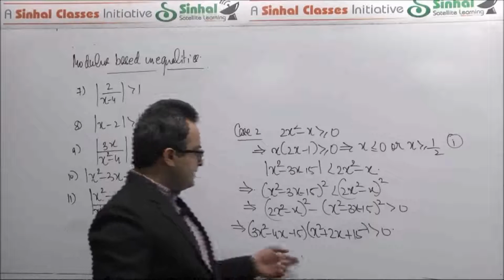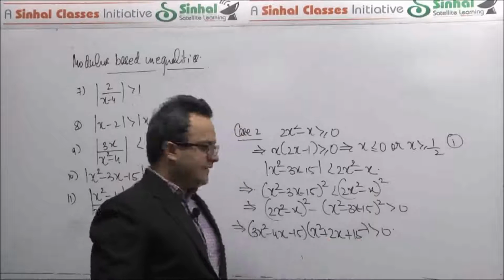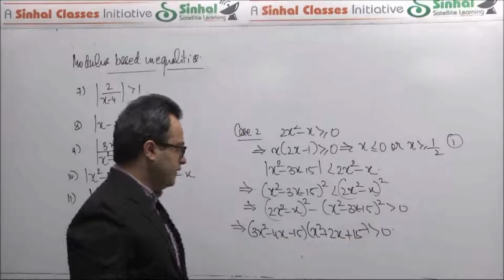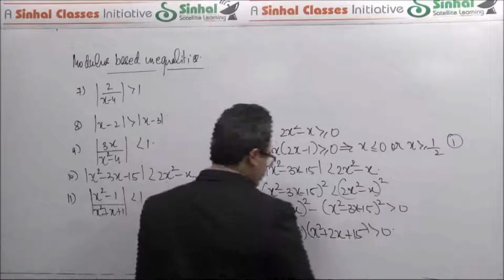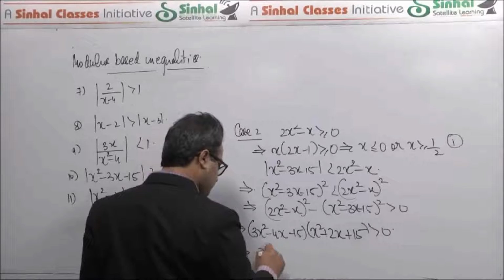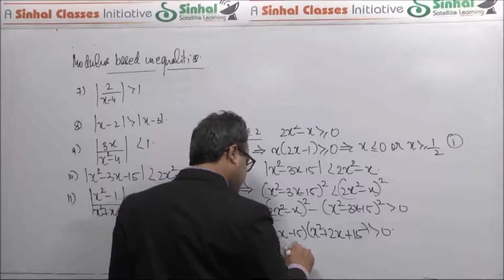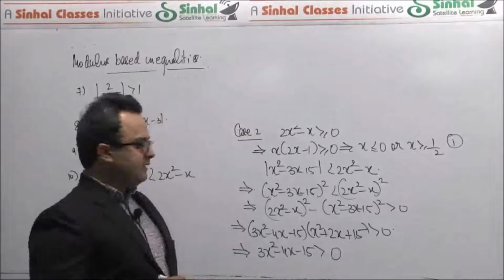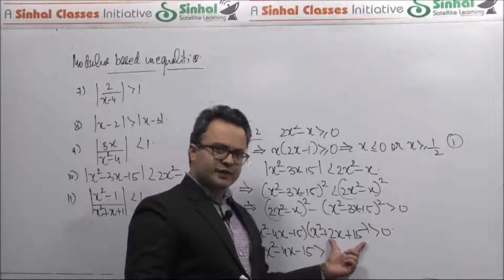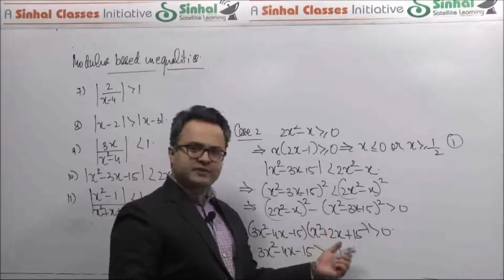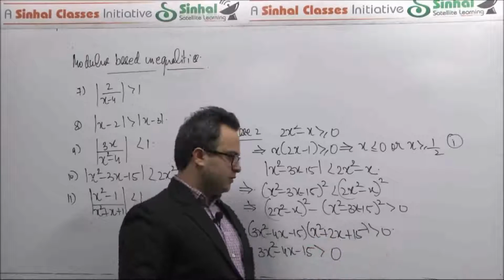An interesting observation is that the second quadratic expression is anyway always going to be positive, because the D value is negative and the coefficient of x square is positive. Since it's always positive, I can divide by the expression on both sides.